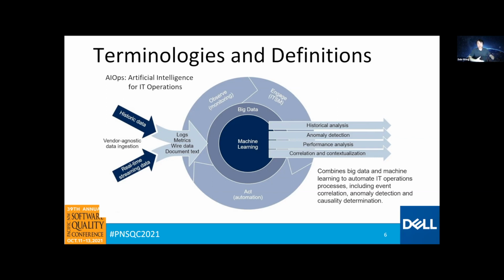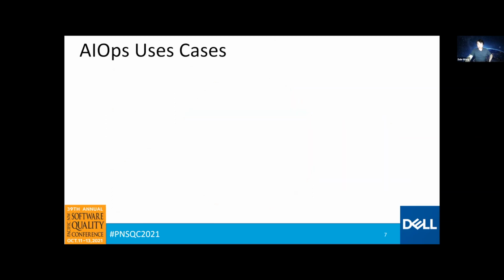Then when I ingest real-time data, meaning things that are ongoing, I can run inferences, which means executing the model to produce a prediction to tell me what's happening. Is there an error or not? Or if there is an error, what type of error is it? So that's essentially the general concept of AIOps: to apply AI/ML to IT operations.